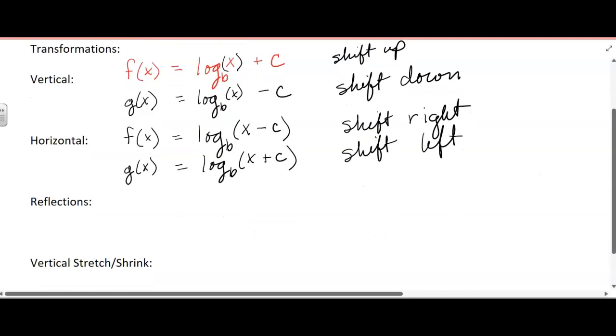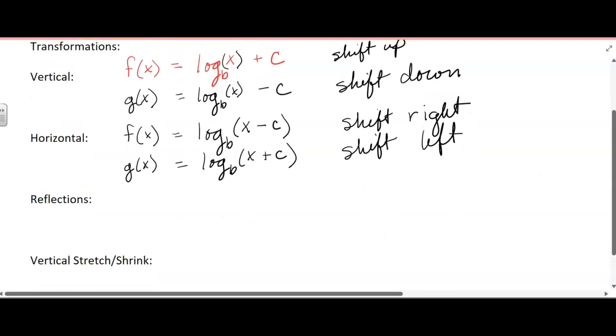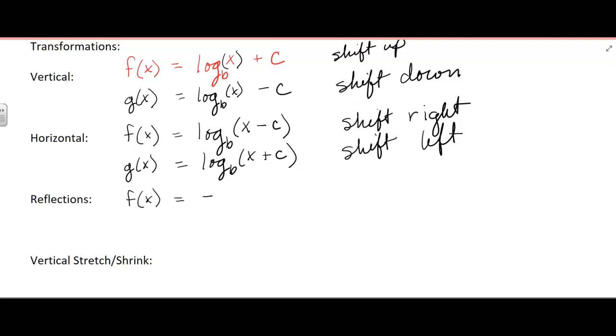Okay, reflections. Well, if you have f of x equaling the opposite of log base b of x, that is going to reflect about the x-axis.